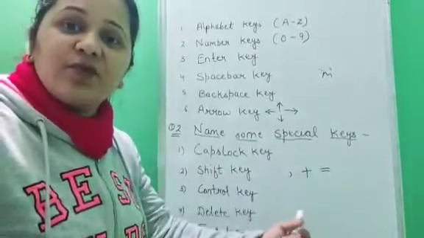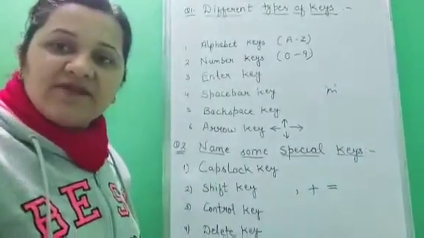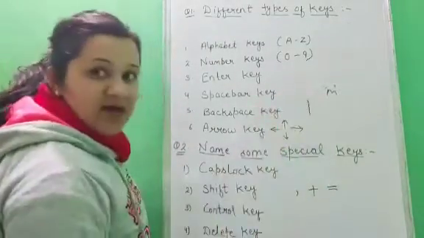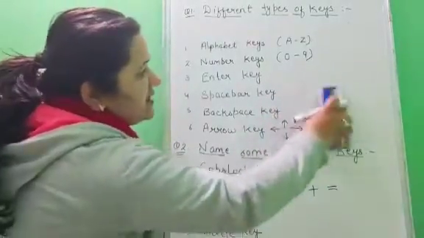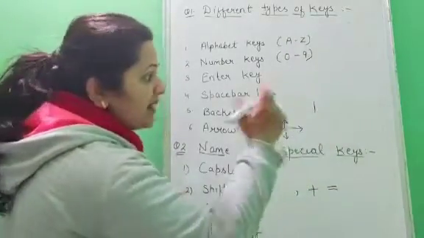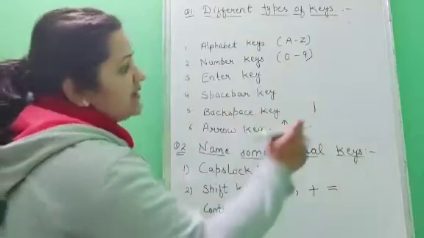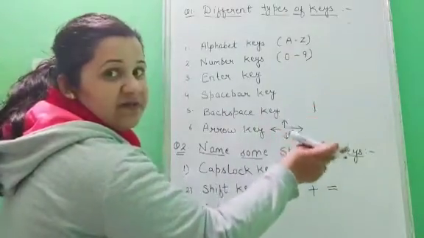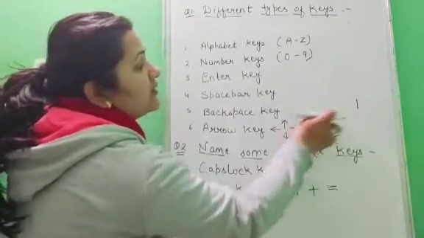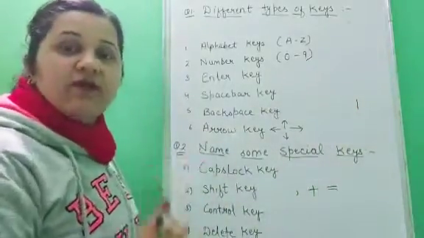So if I press the spacebar key, the cursor moves slightly, but if I press the tab key, the cursor will go from here till here. So it covers a long space.